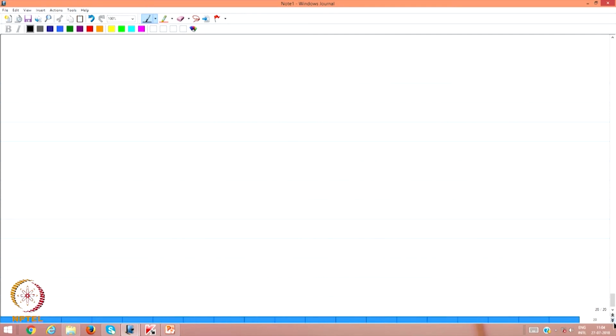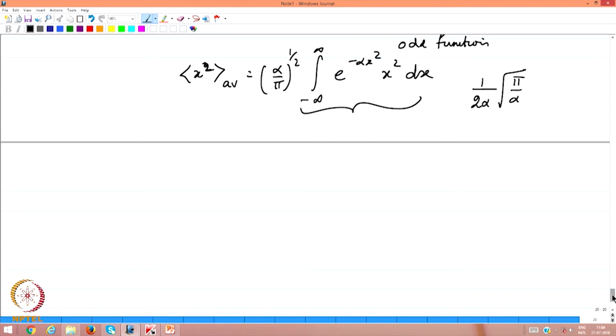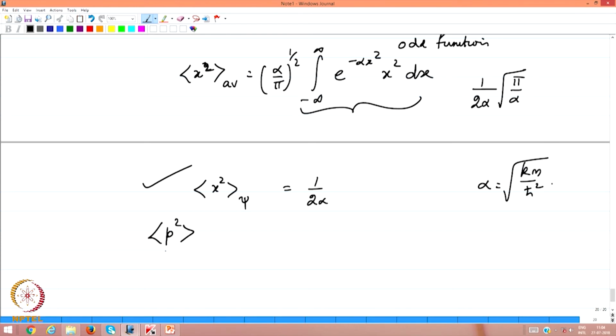Therefore, the x square average for this ground state is, the alpha by root pi will go away, 1 by 2 alpha. And you know alpha is the square root of km by h bar square.